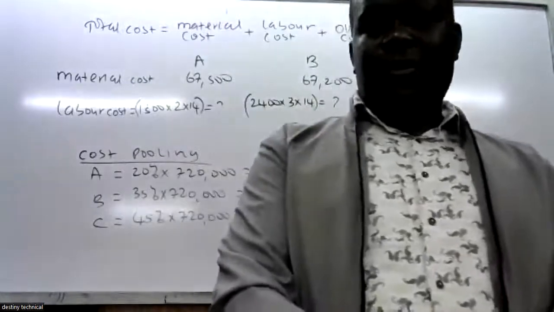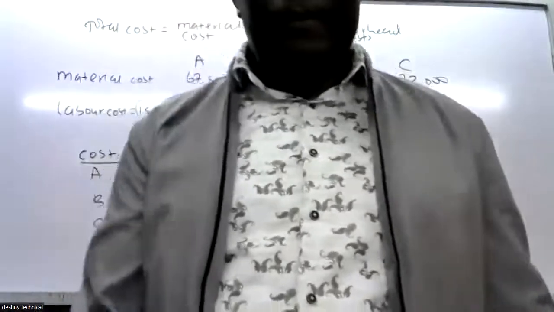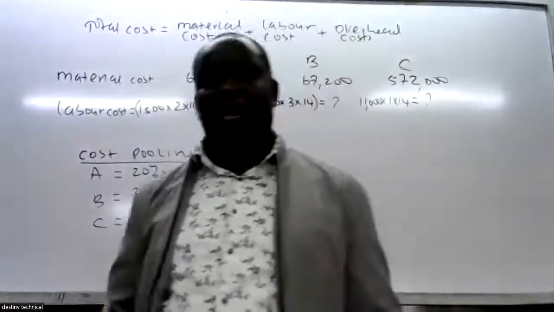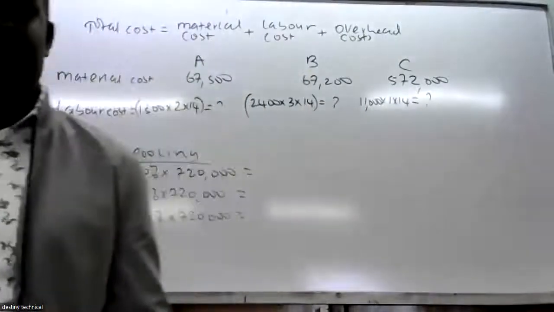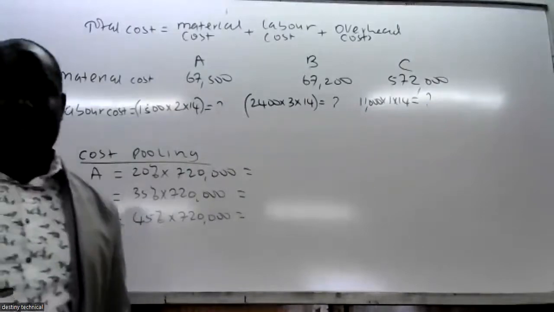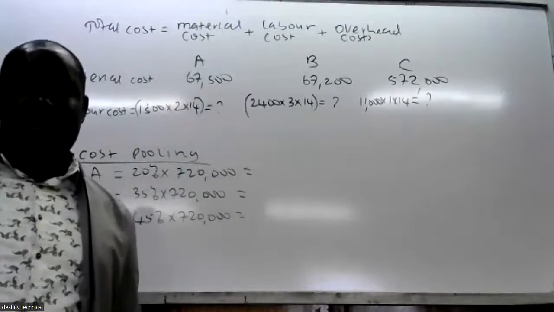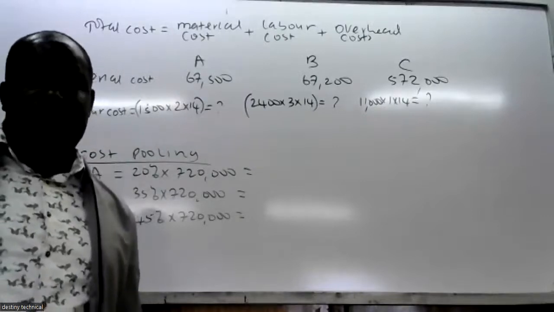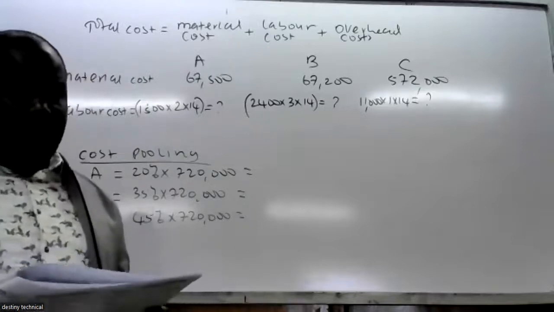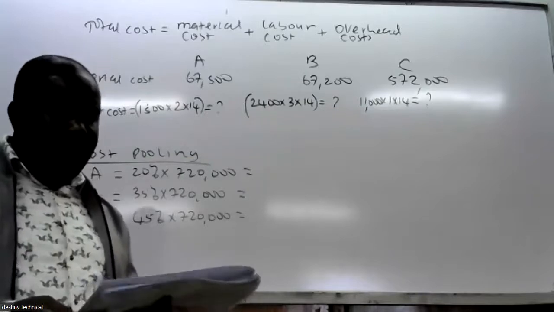So after the cost pooling, we go to the next step, which is to identify the cost driver. The cost driver is already identified for you in note number 5.